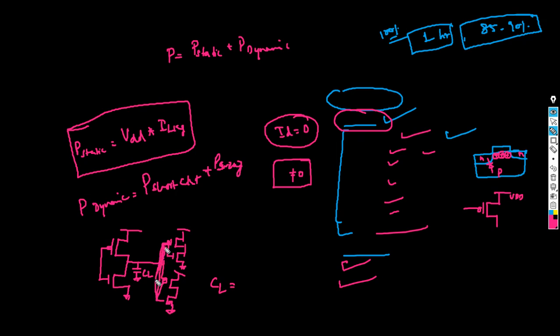That means C net. So there is a capacitance because of the load, the wire. And the next one is the gate capacitance. You guys know that, right?